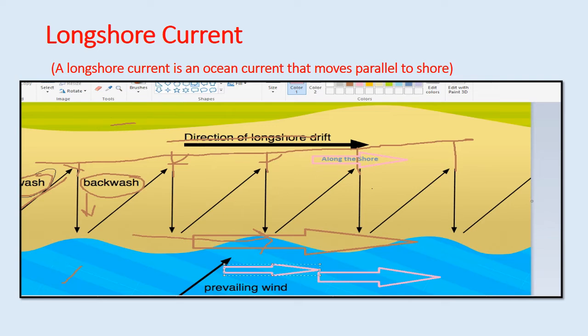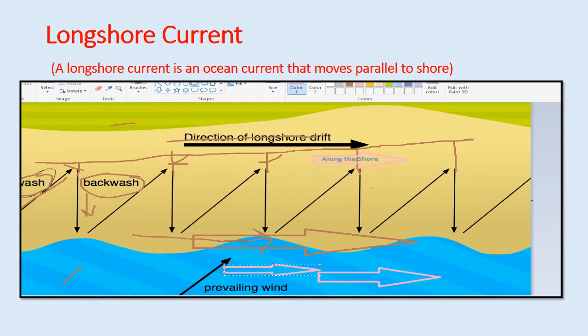Longshore drift and longshore current are an integral part of coastal depositional landforms, coastal transportation as well as coastal erosion. The angle at which waves strike the beach is an important factor, because the strength of the longshore current as well as the littoral drift depends upon the strength of the waves.